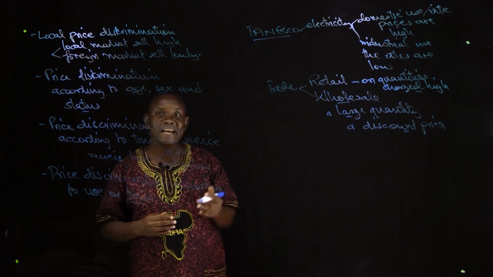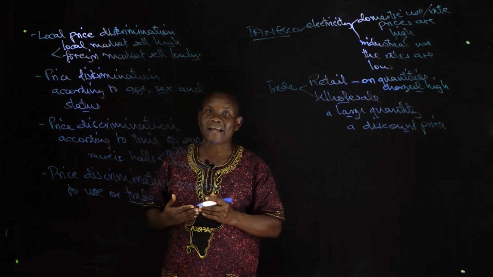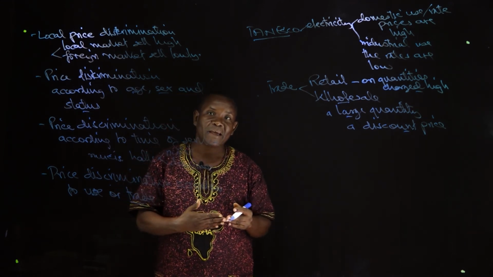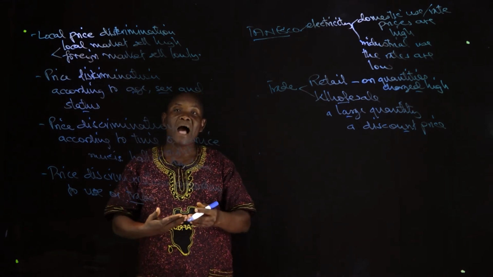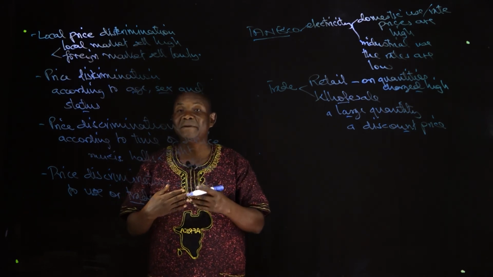So, in our next lesson, we'll look first at the advantages of monopoly, the disadvantages of monopoly, and then how we can contain, how we can control monopoly, how we can limit monopoly.